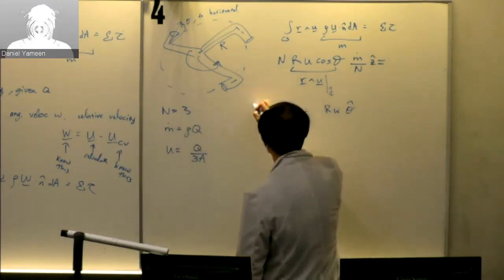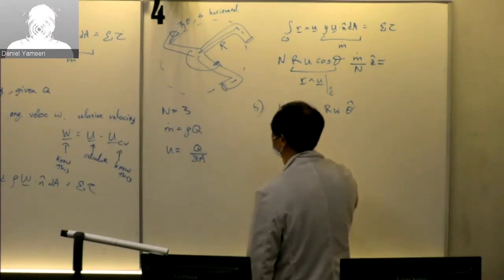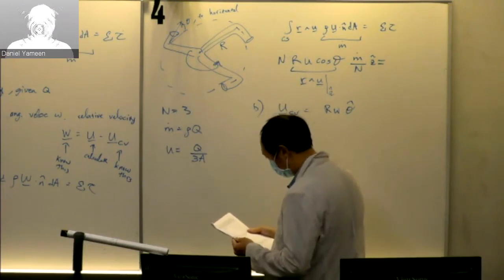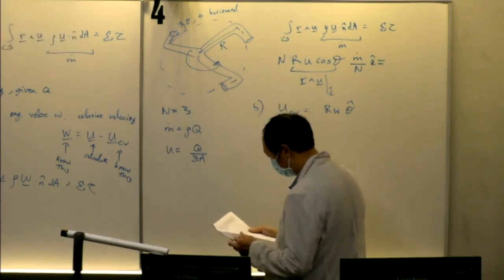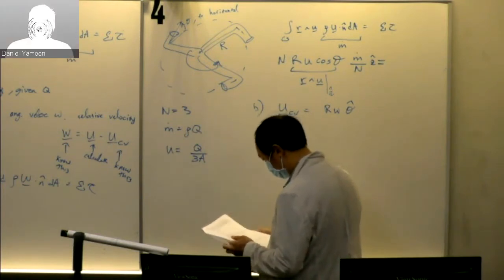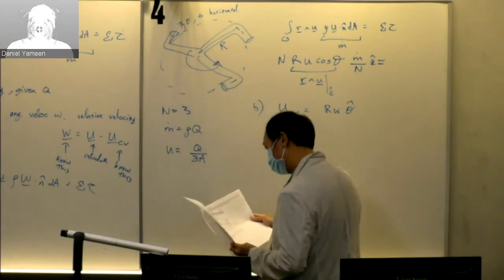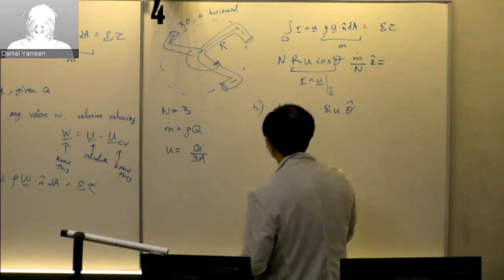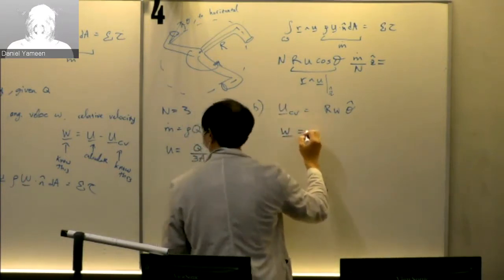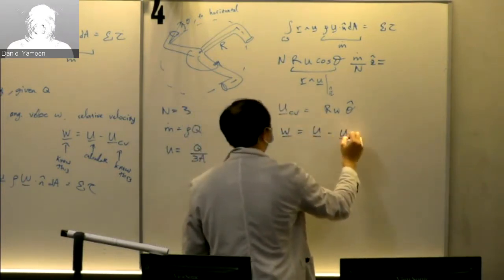I was just so confused about what they did for part B. They somehow said the relative velocity was equal to u only. What they're supposed to do is write this minus UCV.